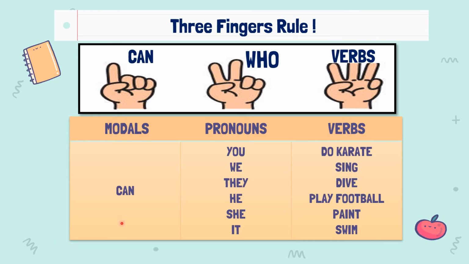Okay, for example, using the three-finger rules to make questions. Finger number 1, you always start with can. Finger number 2, you, we, they, he, she, it. And finger number 3, actions, like do karate, sing, dive, play football, paint, or swim.